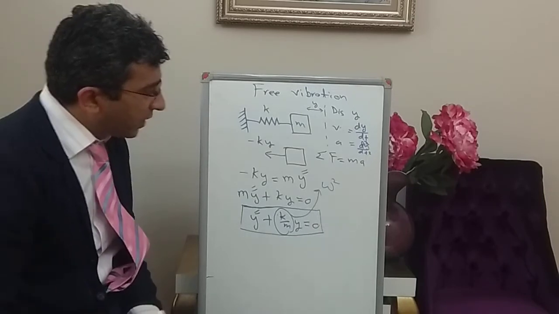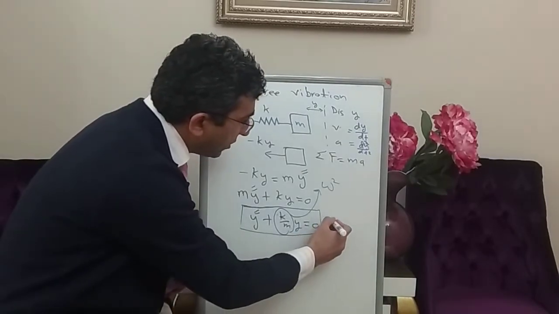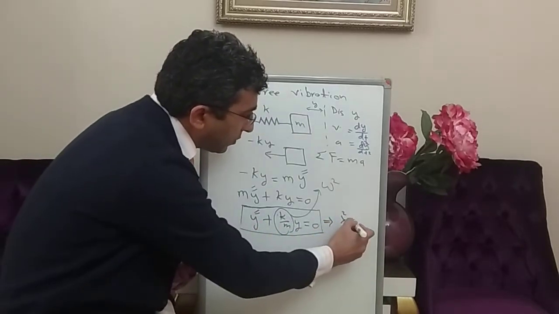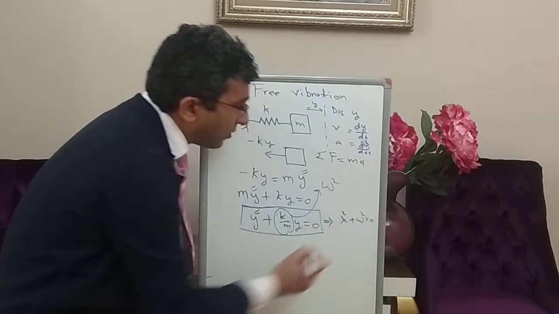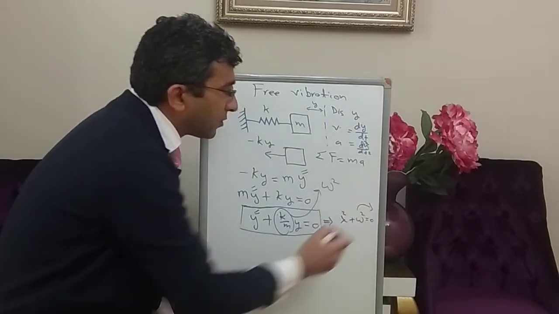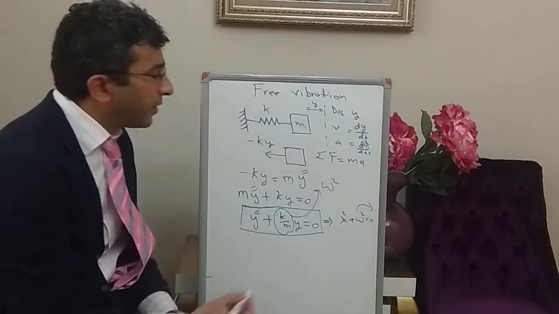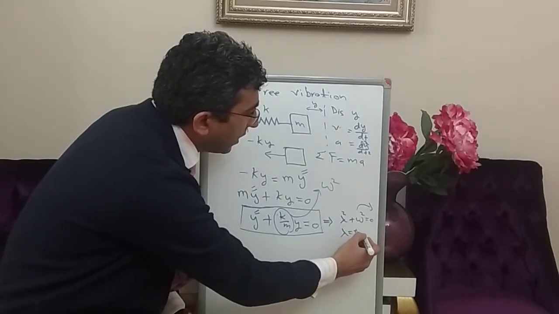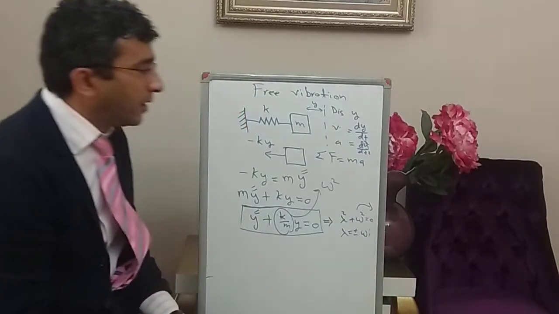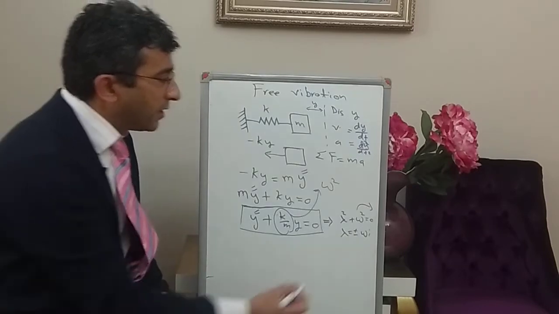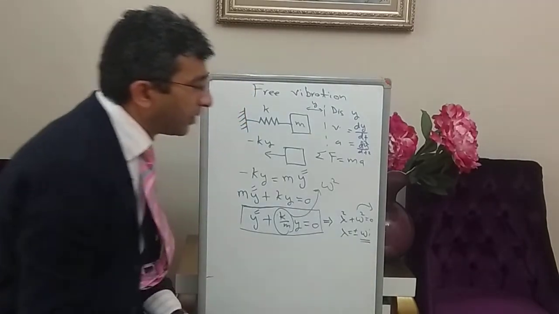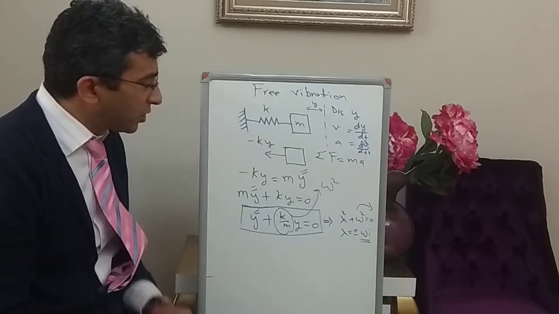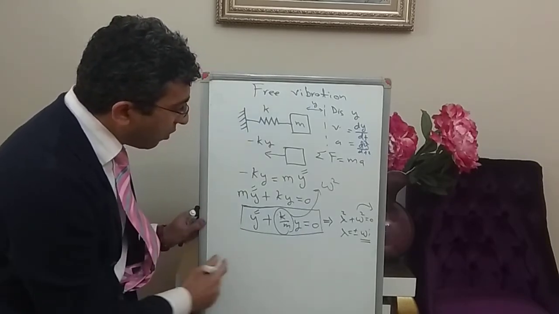So in this case, if you write the characteristic equation as before, you see lambda square plus omega square is equal to 0. And you take this to the other side, as we showed in the previous videos. So lambda is equal to plus or minus omega i. Okay? So because of that, this is a case of complex roots. So the solution for this equation, the homogeneous solution, is just a kind of harmonic motion.